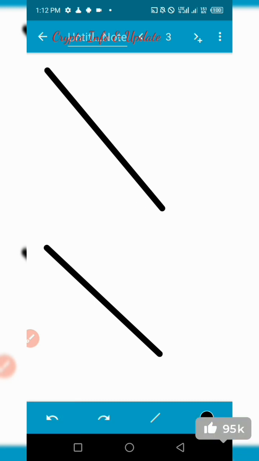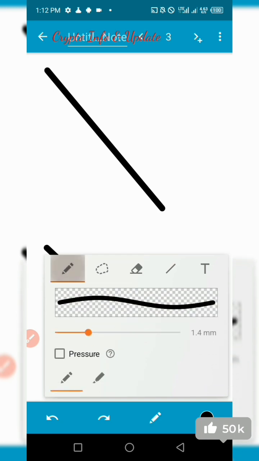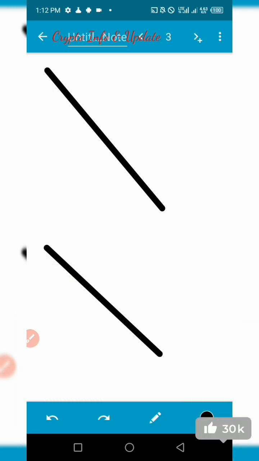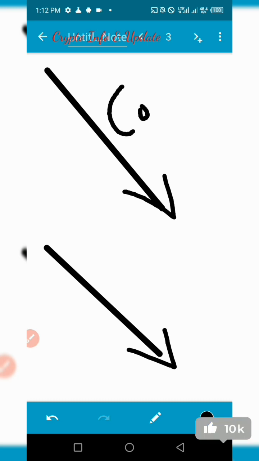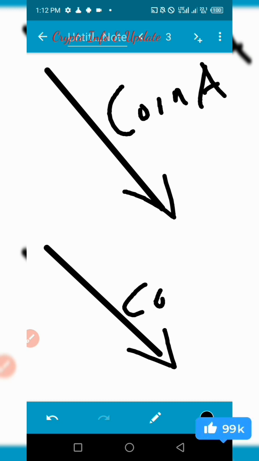Both of them are downtrends. They are plunging downwards. This is coin A, and this is coin B. Now, coin A and coin B are maintaining the same direction.